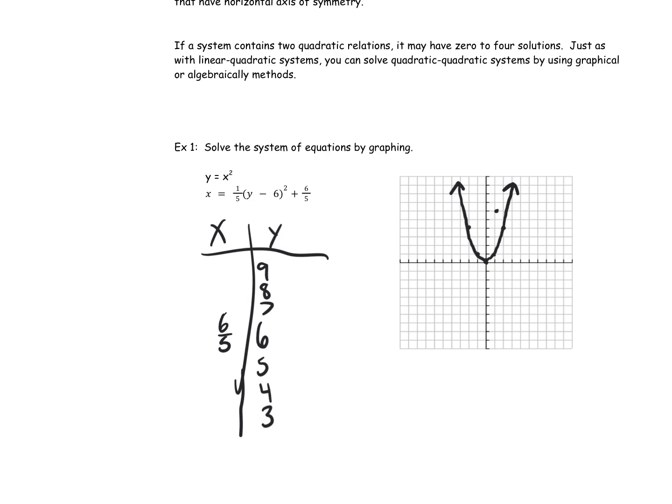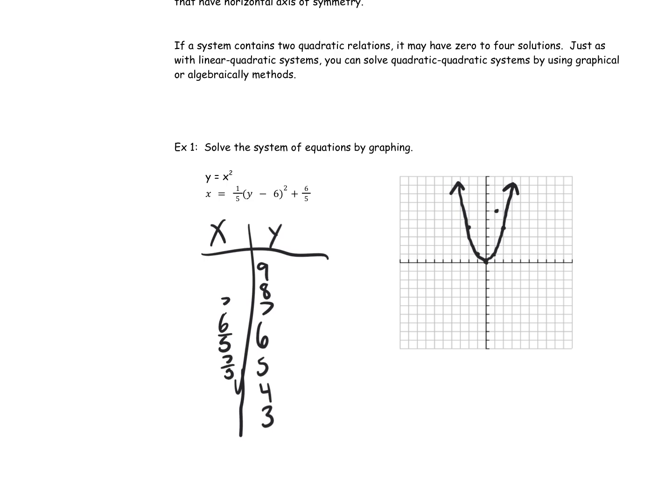Okay, so we're going to run these different y values through our function, and eventually we're hoping to find some points of intersection. So if I run 5 through the function, 5 minus 6 is negative 1. Negative 1 squared is 1. 1 times 1/5 is 1/5. And 1/5 plus 6/5 is 7/5.